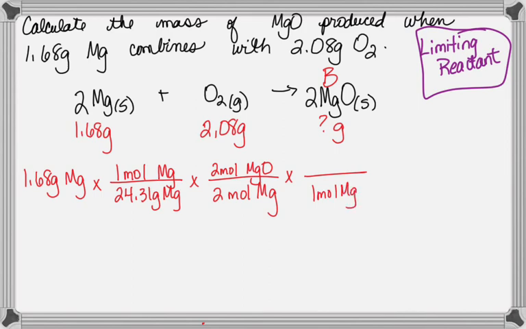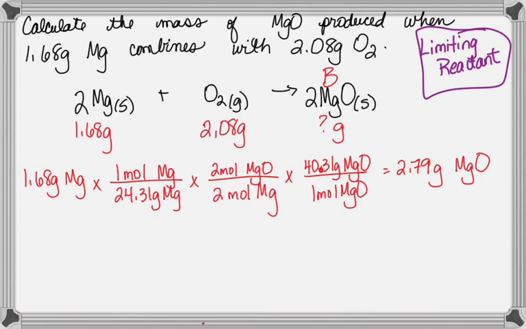A mole of magnesium oxide is 40.31 grams because I have to add up 1 magnesium and 1 oxygen. Magnesium's 24.31, oxygen's 16. And I get 2.79 grams of magnesium oxide.